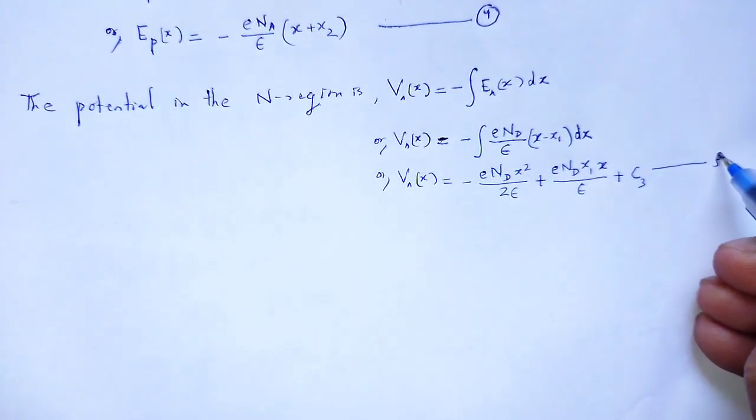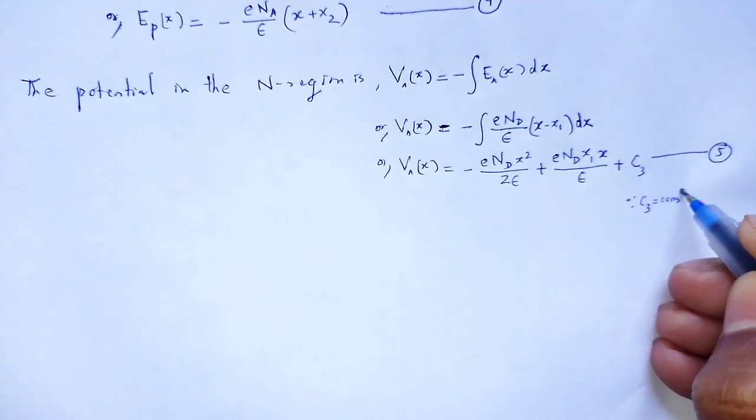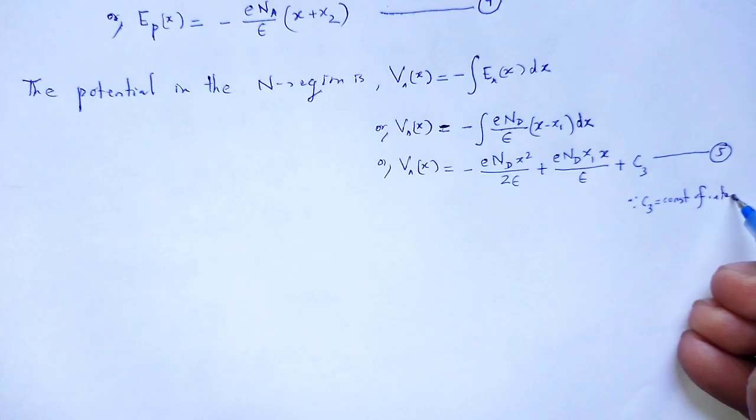Equation number 5, where C3 is the constant of integration.